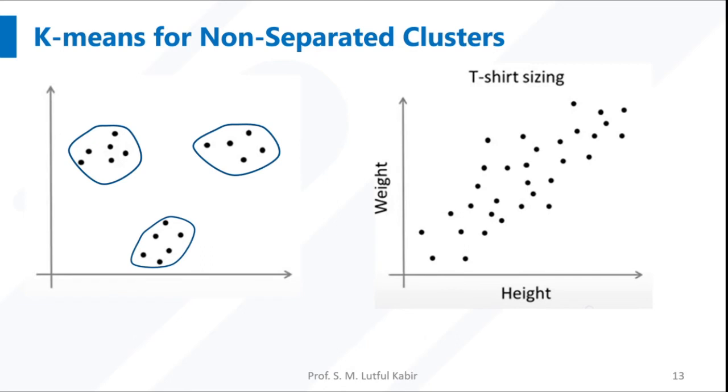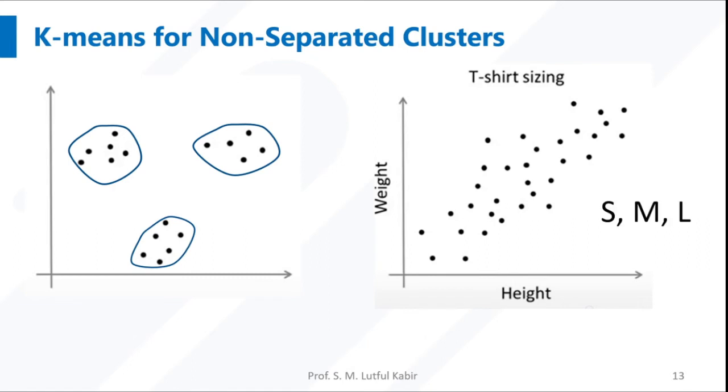So if you decide that you want to group them into three groups, you will assume the three initial points and then you start moving the association, also moving the centroid position as we described earlier.